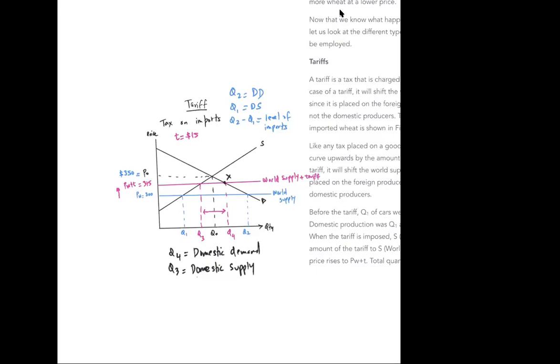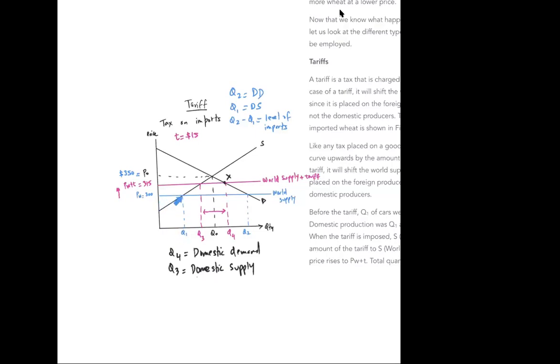Why do people still buy the domestic product even if it's at a high price? Those who are able to buy it are able to buy it. We are assuming the domestic product is as good as the foreign product, it's just that it's expensive. At 300 there are some domestic producers who are able to sell domestically.